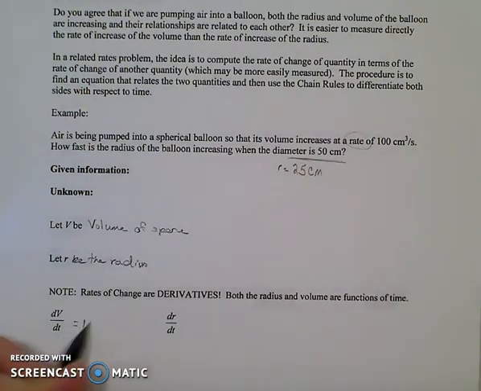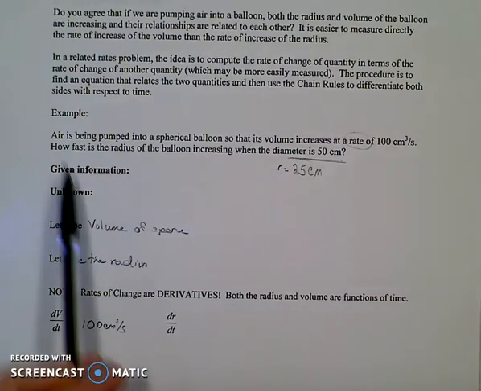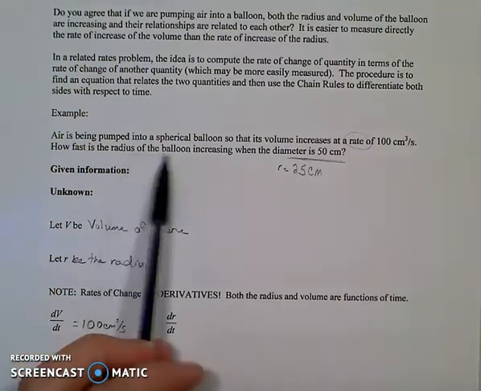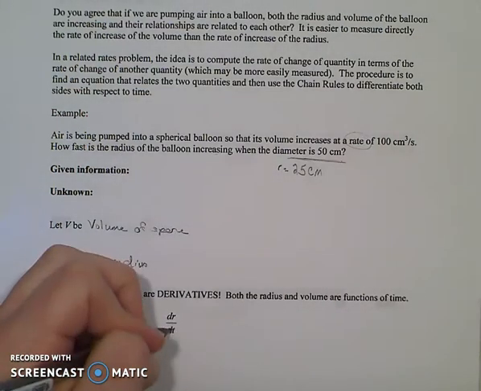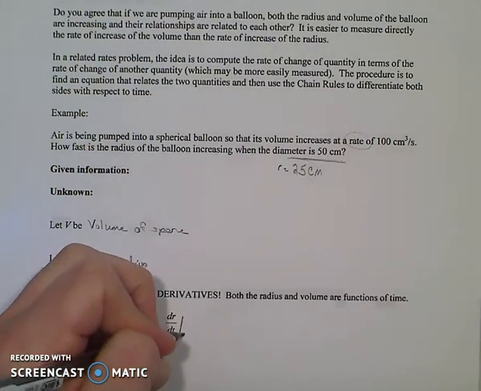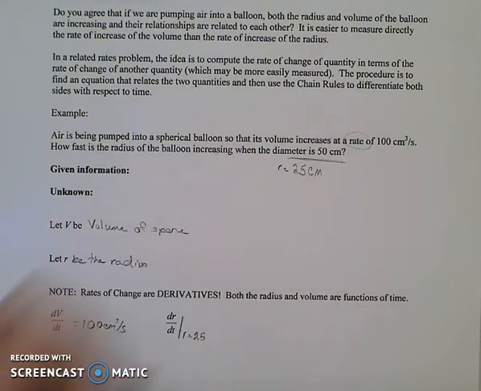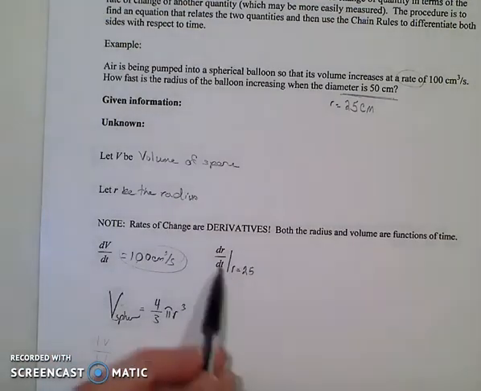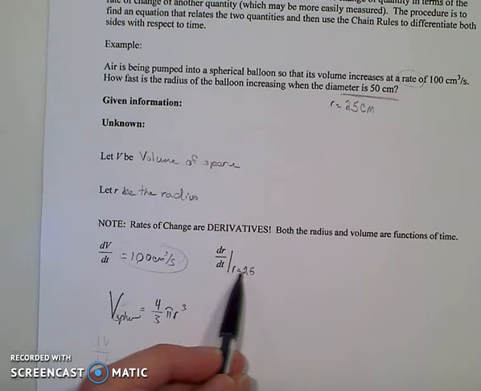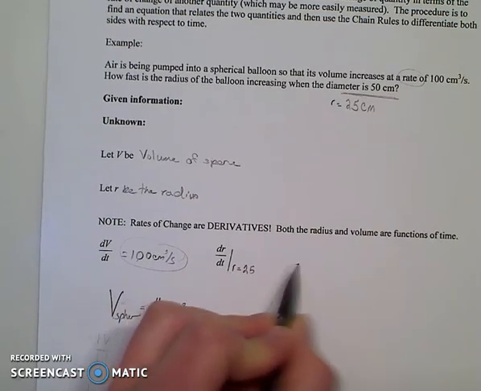That's equal to 100 centimeters cubed per second. Now, we're not going to worry about the units, but we'll write it down here. And dr/dt, well, that's what we're looking for. How fast is the radius of the balloon increasing? So we're looking for dr/dt when the radius is 25.